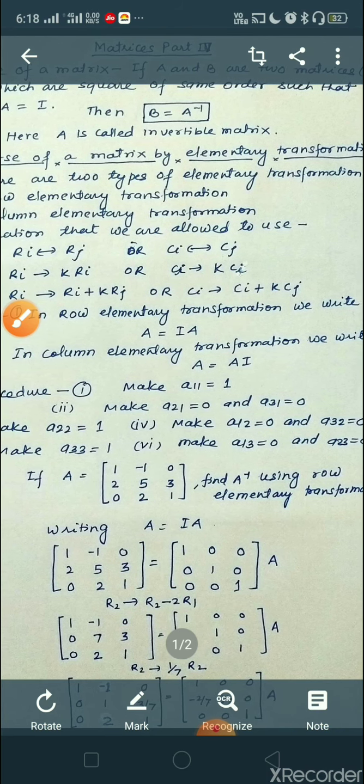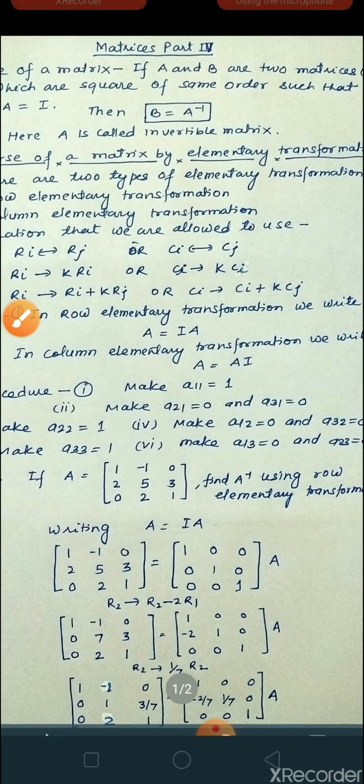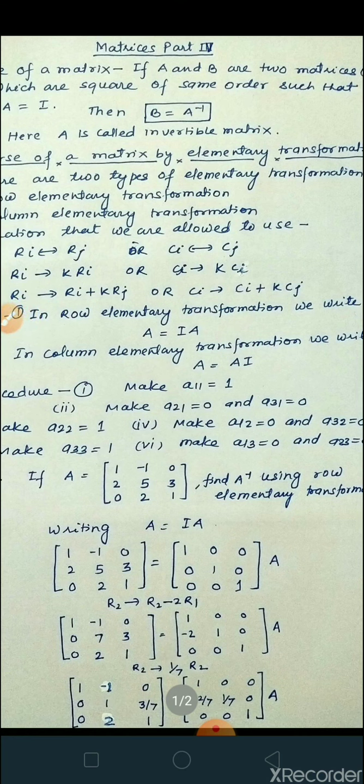So keep in mind, as I told you, A11 should be 1. Here A11 is already 1, so we need not change it, and A31 is 0, so we need not change it. We shall only make A21 0.